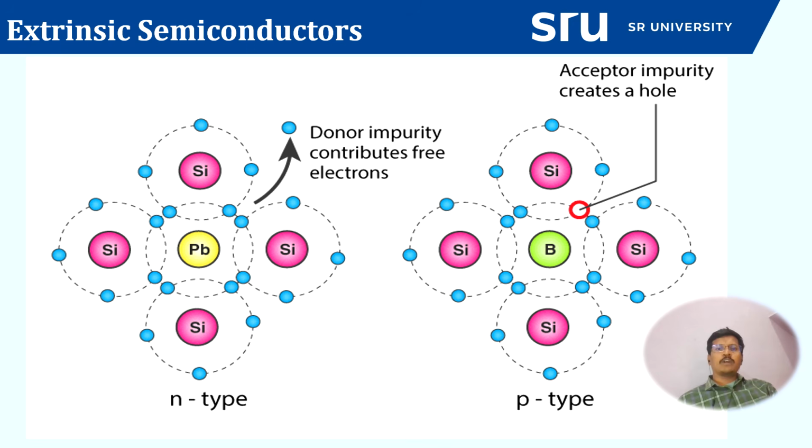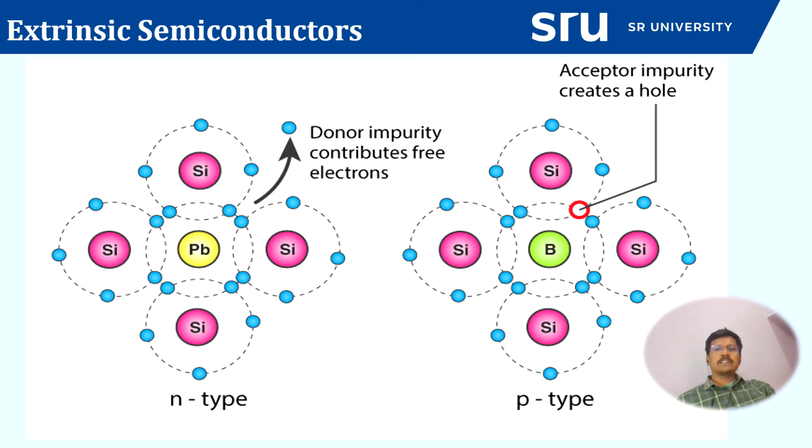A small amount of impurity atoms in a pure semiconductor crystal will cause a significant change in the properties. The resulting material is known as an extrinsic semiconductor.